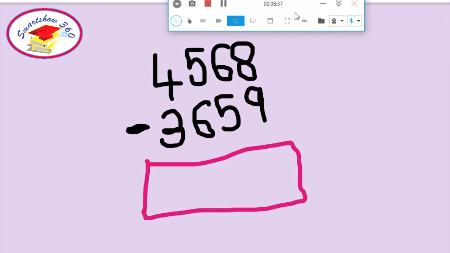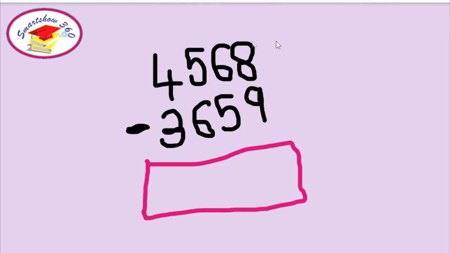No. You can't do that. So, we of course, like last time, will have to first put 18 and borrow 10 from the previous place, which is tens. So 18 minus 9 would be 9.